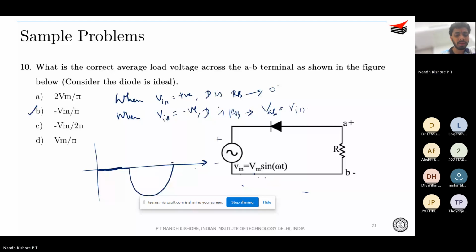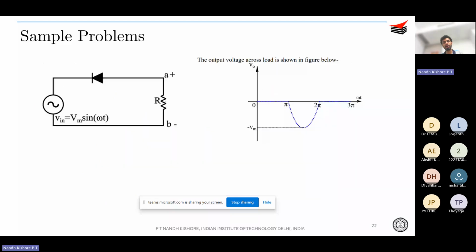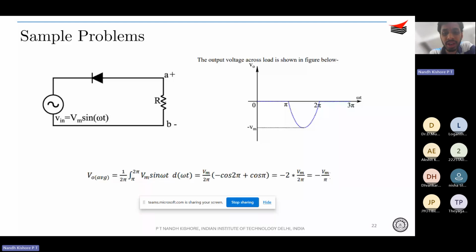Okay. So you need to find out the average value, which means you need to find out the area. This is the output voltage you expect, that is V0 or VAB. So area is basically the average value: 1 by T integral 0 to T f of t dt.